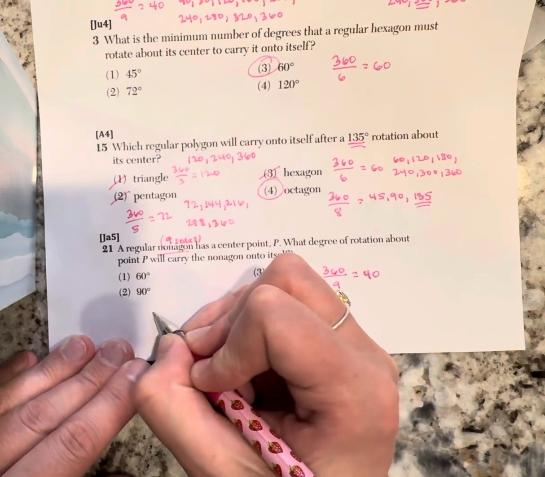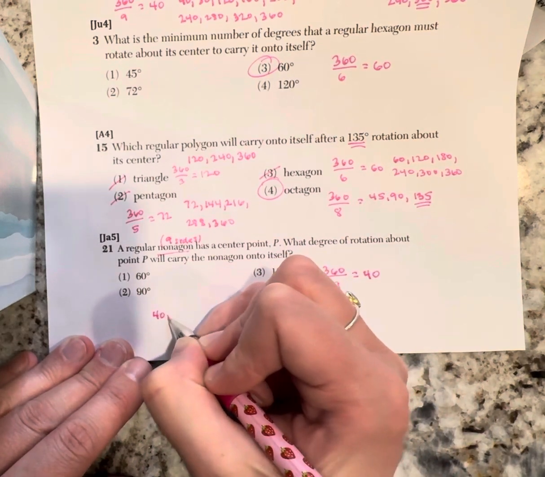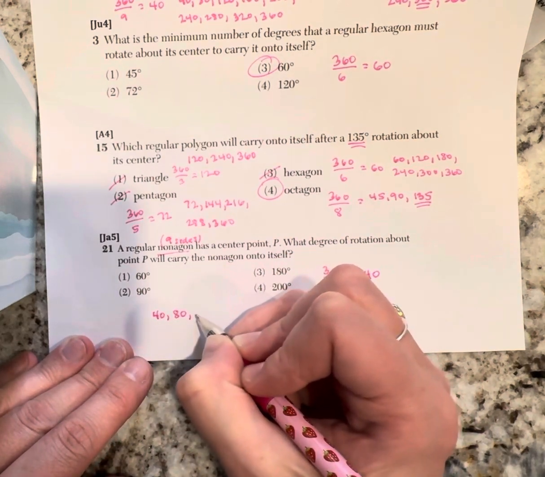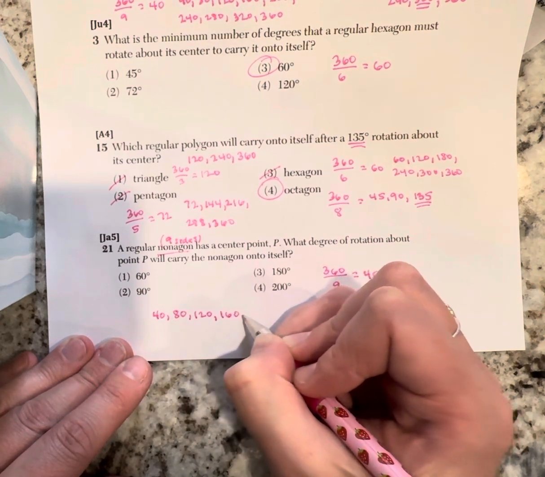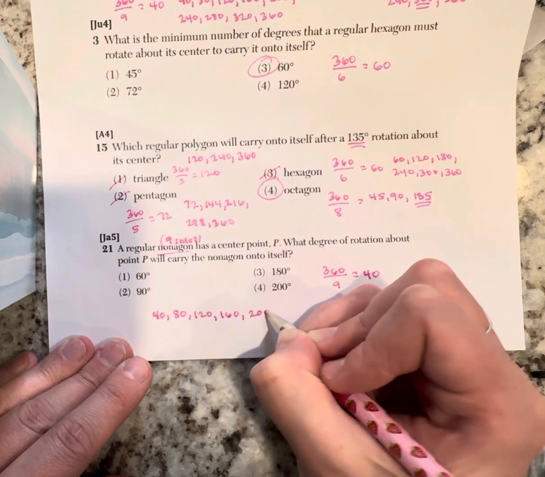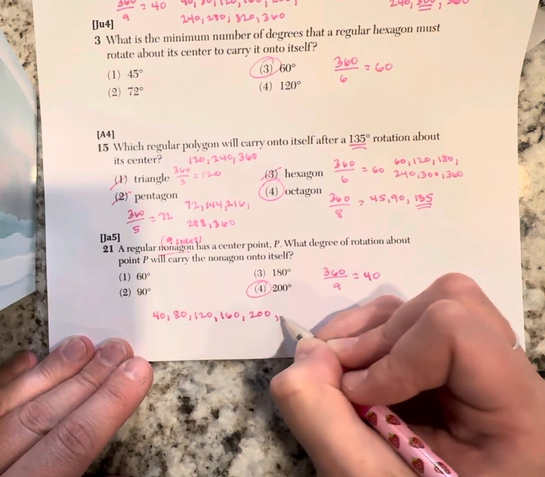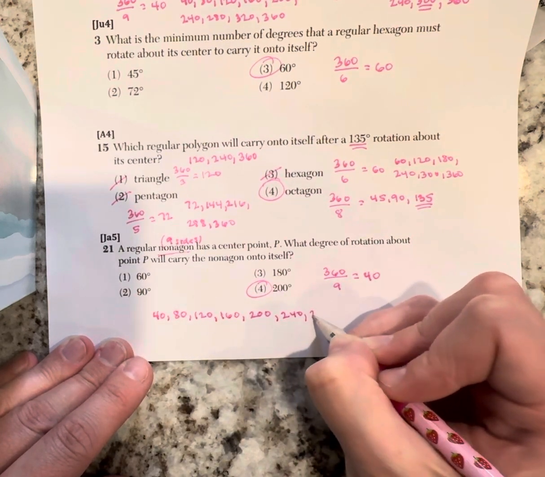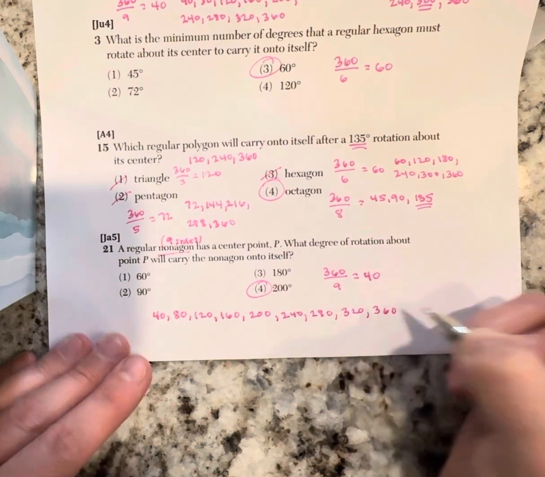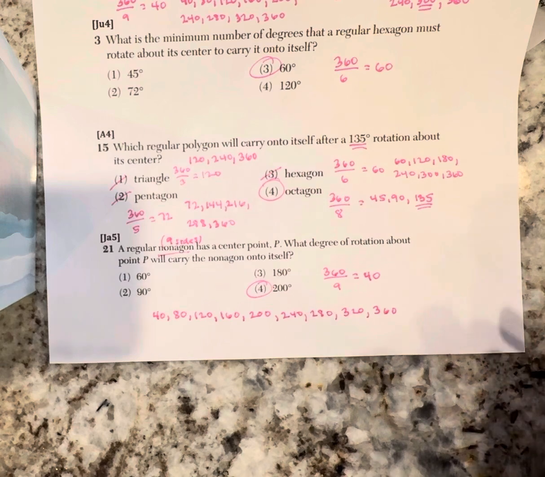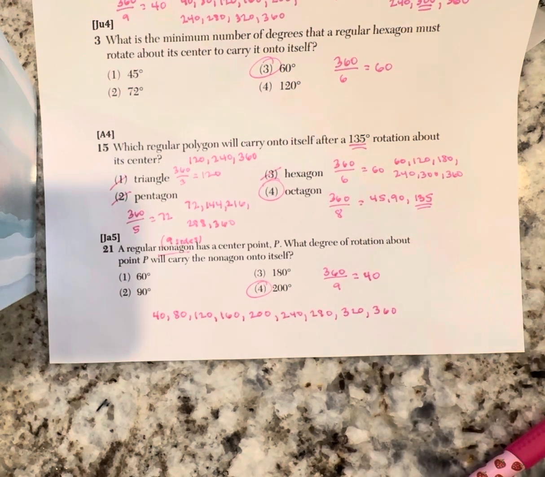So we're going to count by 40. 40, 80, plus 40 is 120, plus 40 is 160, 200, there it is. We could keep going, 240, 280, 320, 360, just to make sure we didn't make any mistakes, but we're good. All right, that's minimum number of degrees.